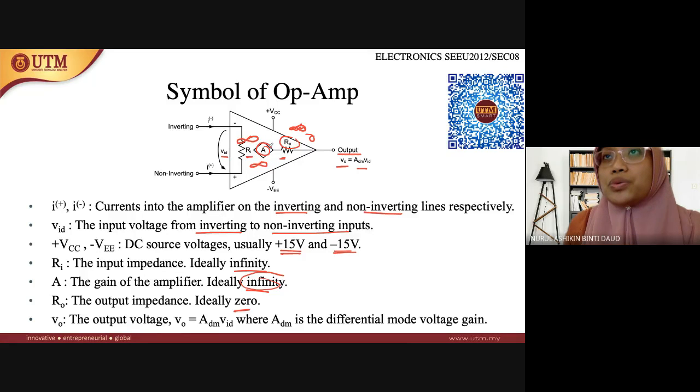It means that the currents will not go inside here. The same applies here too: the currents will not go inside here.